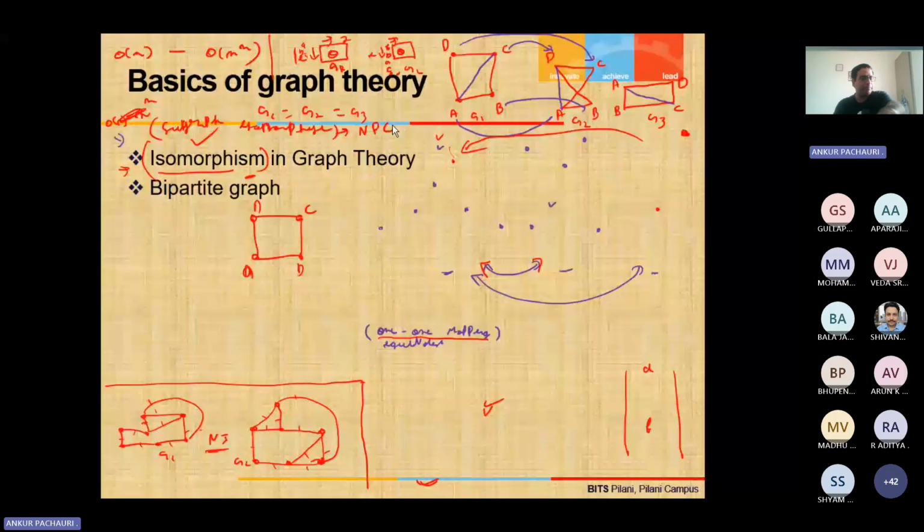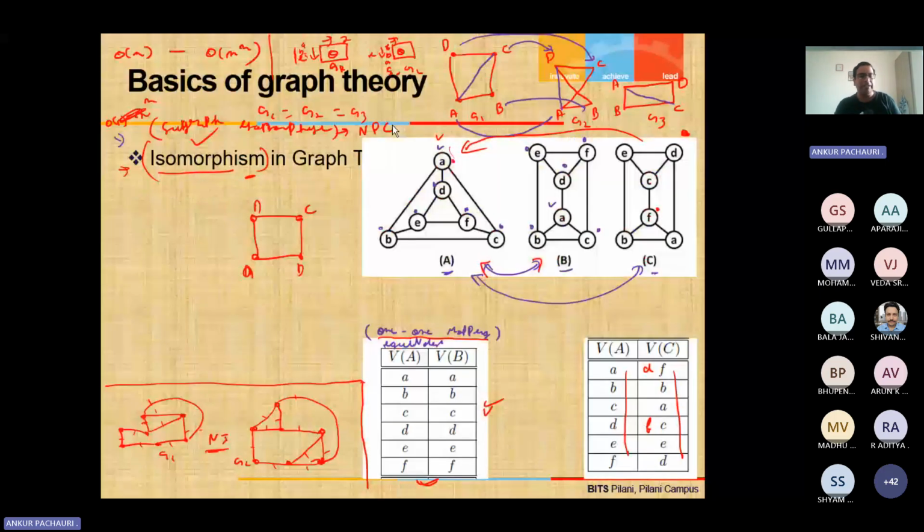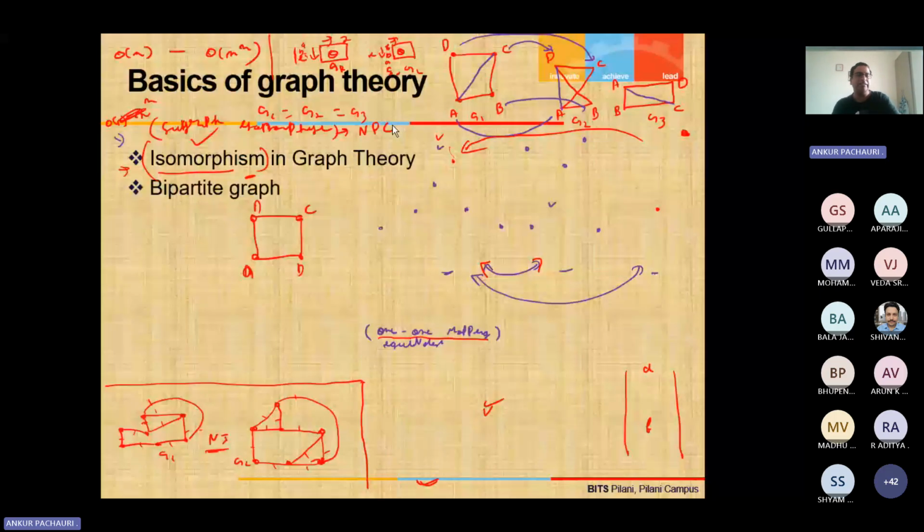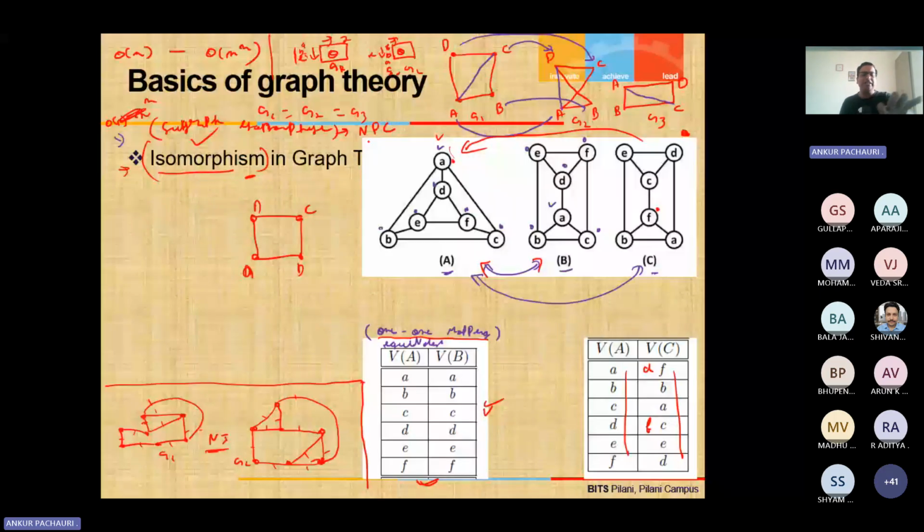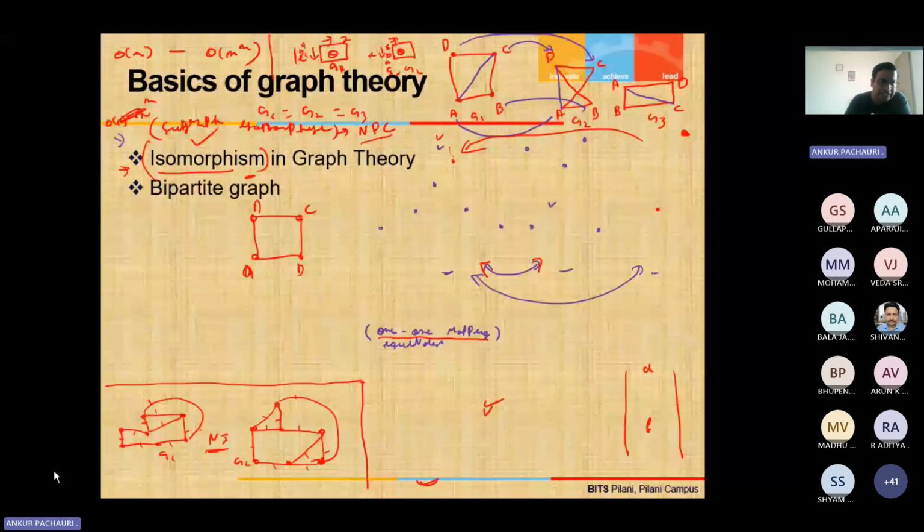I'll explain what this NPC means. It is there in these slides. If this NPC is confusing you, as of now you can skip. As of now you can say it is a difficult to solve problem.